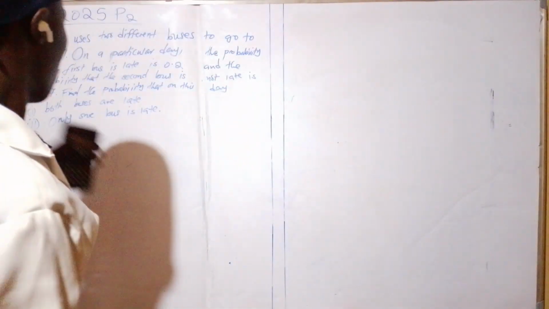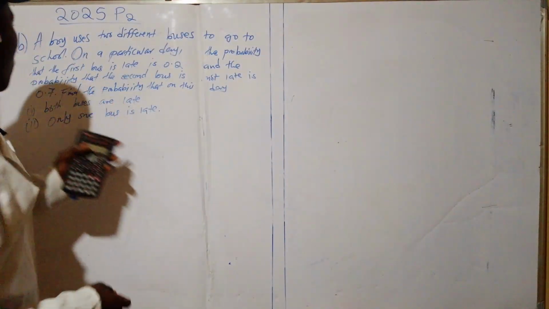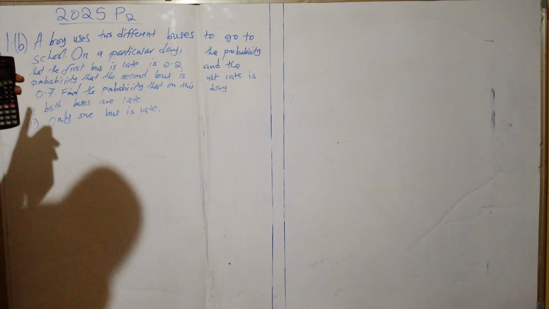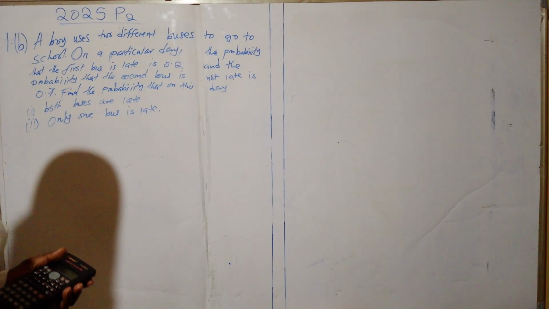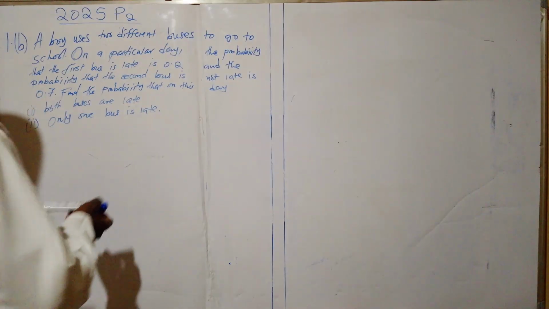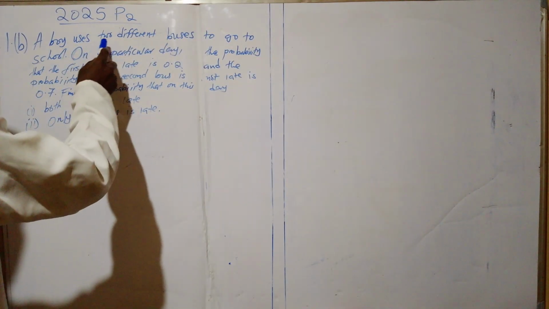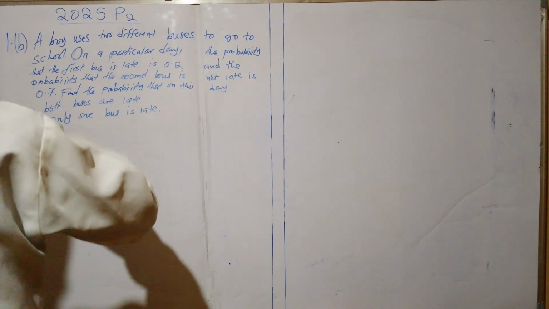So we're going to solve Mathematics 2025 paper 2, and that is 1B. This question is coming from probability. The question says, a boy uses two different buses to go to school.